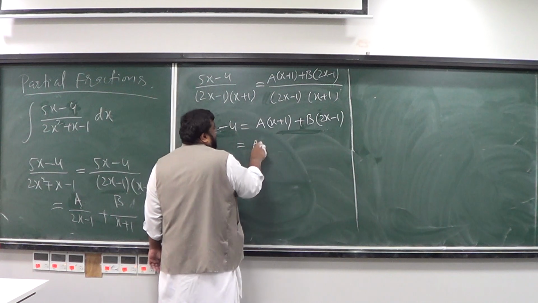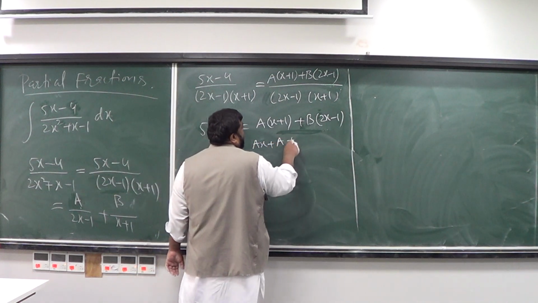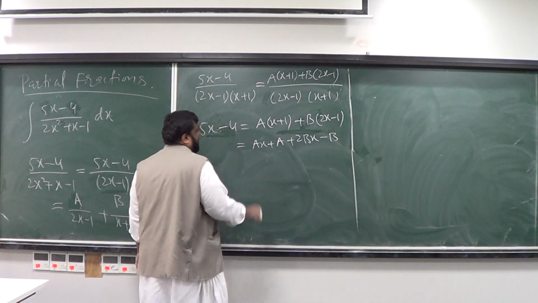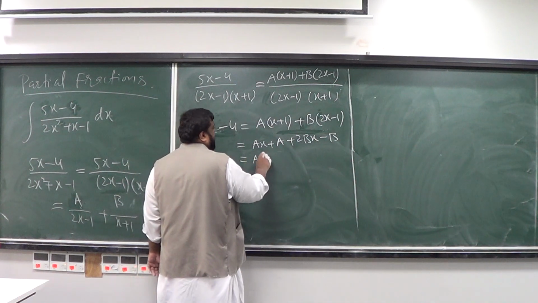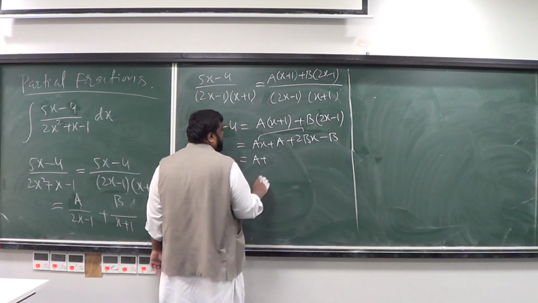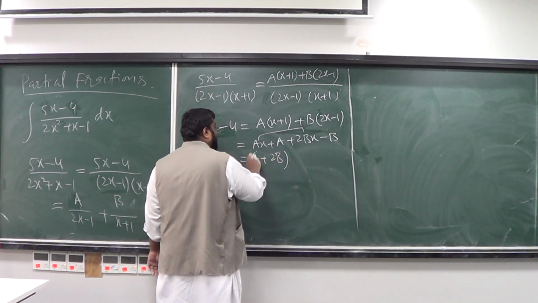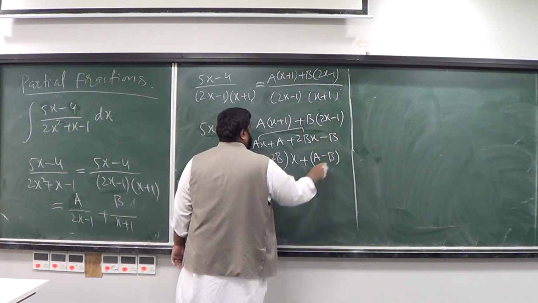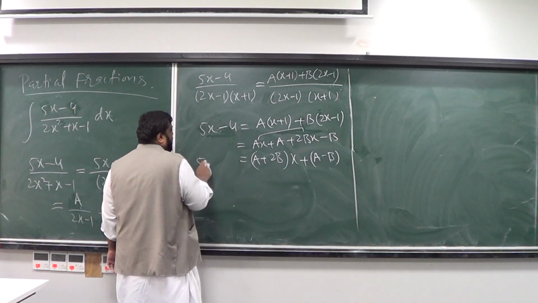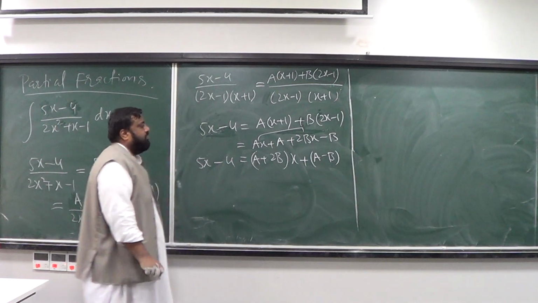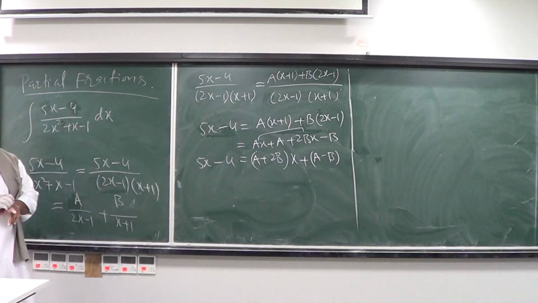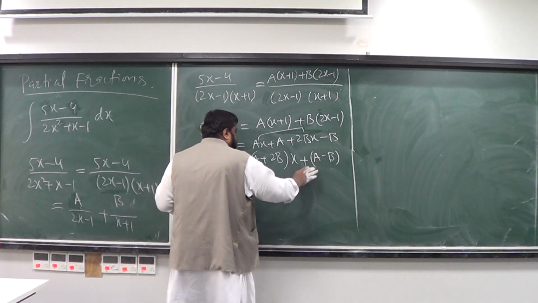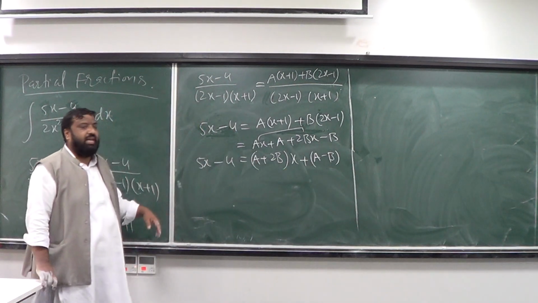So you're going to get Ax plus A plus 2Bx minus B. So if I combine these terms, I can write this as A plus 2B multiplied by x plus A minus B, and this is equal to 5x minus 4. Okay? 5x minus 4. I just wrote both sides in a linear manner.